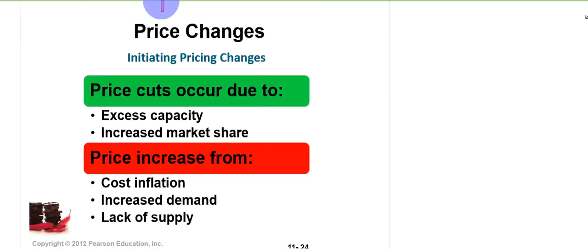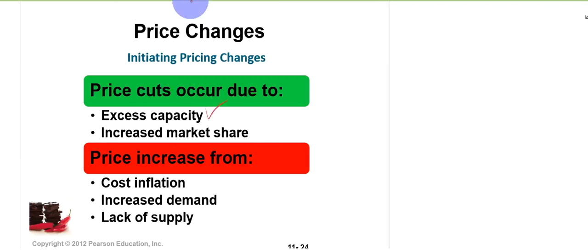So students, after understanding the pricing of the companies, now we will see that sometimes companies have to cut the price, and sometimes companies have to increase the price. Why do we need to cut the price?